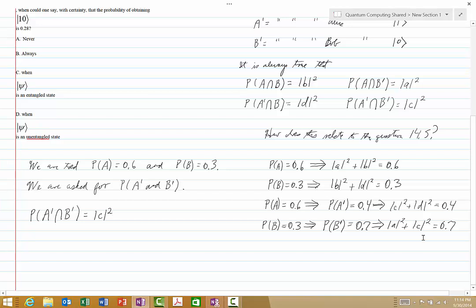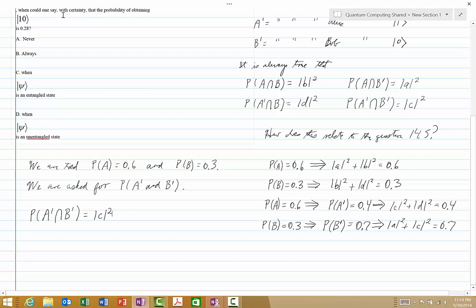And as a number of people found, without considering some additional information, this is impossible to do. It's impossible for you to say exactly what the magnitude of C squared is just from the information that's given over here. We're hoping for some additional information.